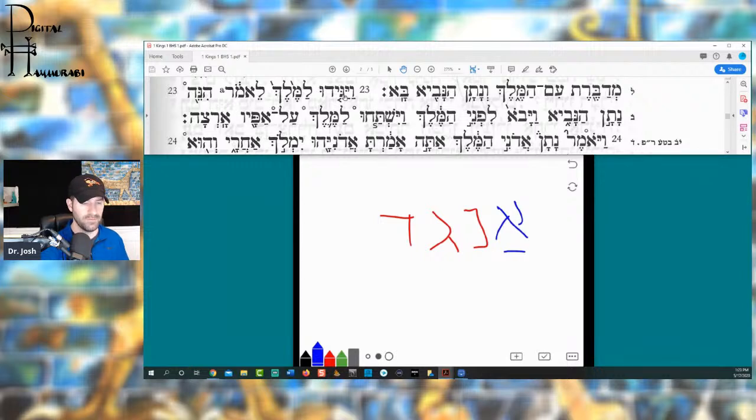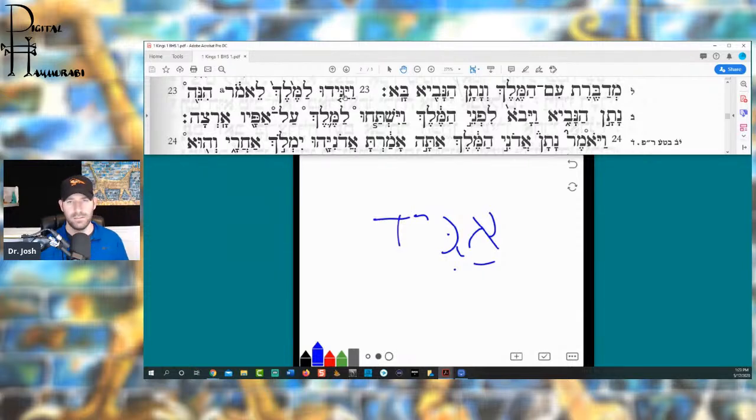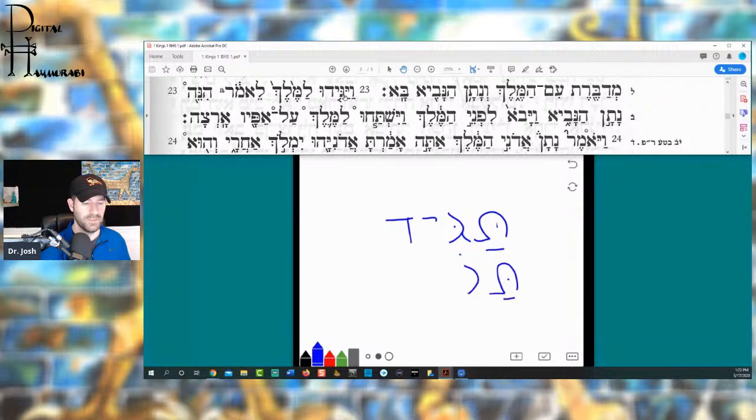And of course, when you have two consonants, this nun shrivels up into a little ball, and you end up with agid. So agid. Then in the second masculine singular, you get tagid. Second feminine singular would be tagidi.